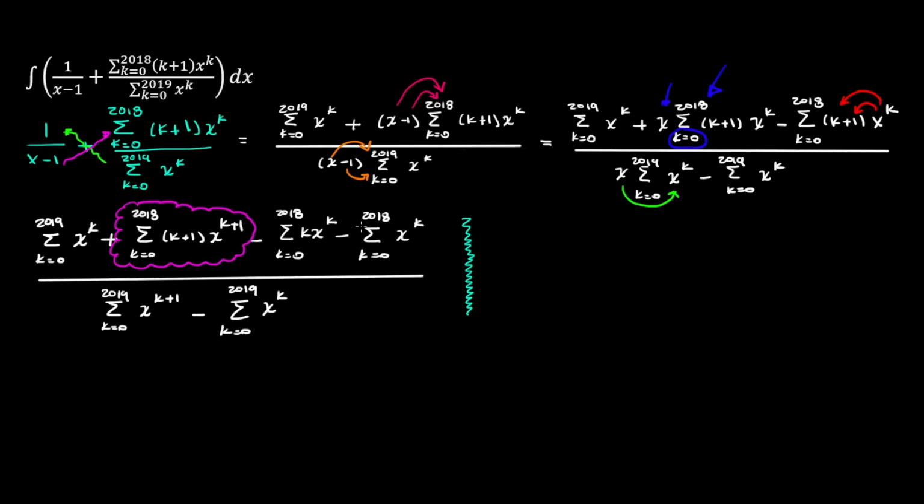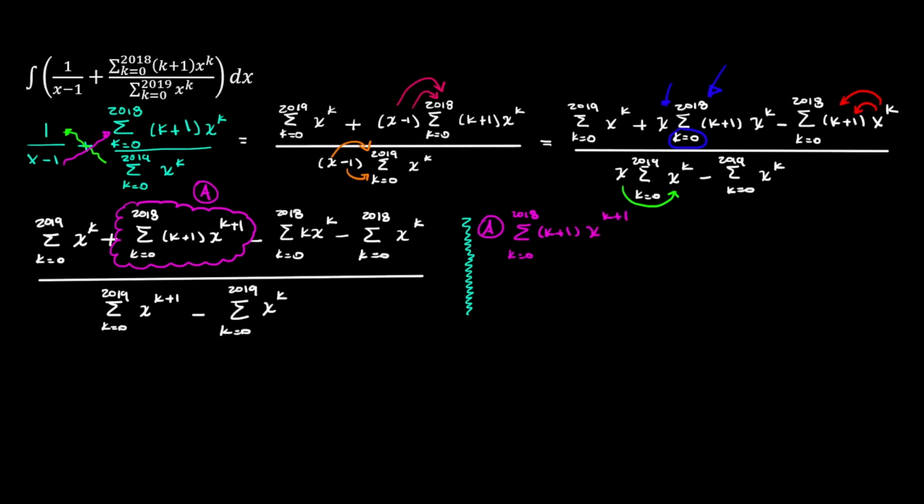We can change the variable and the limits. I'm going to call this a. So for a, we have the summation from k equals 0 to 2018 of k plus 1 times x to the k plus 1.